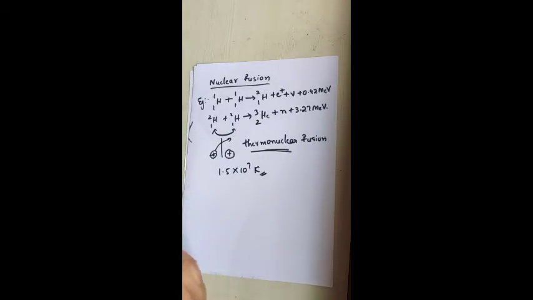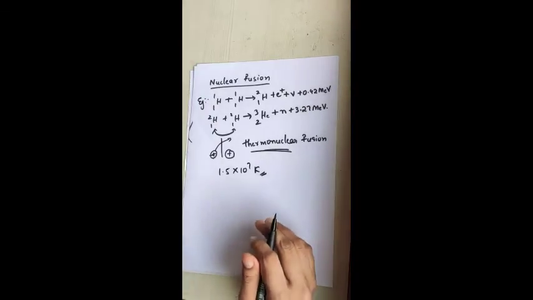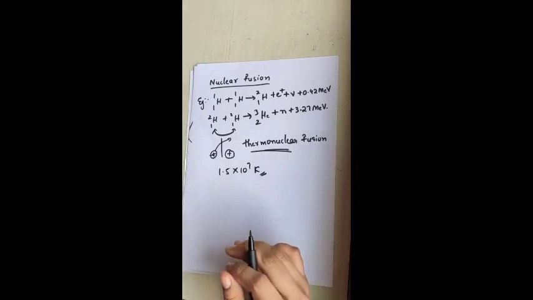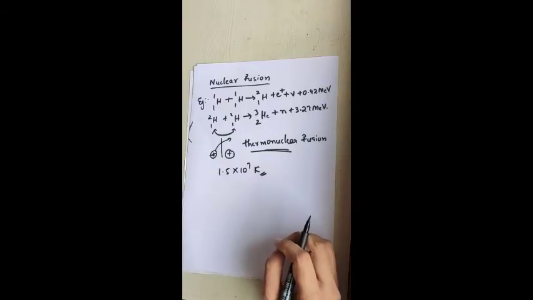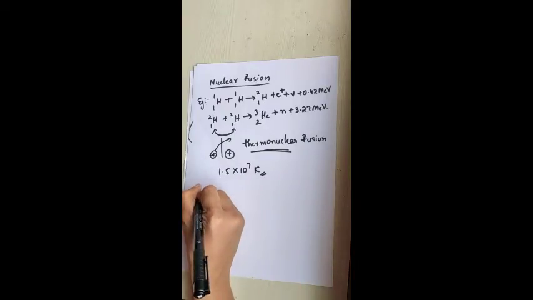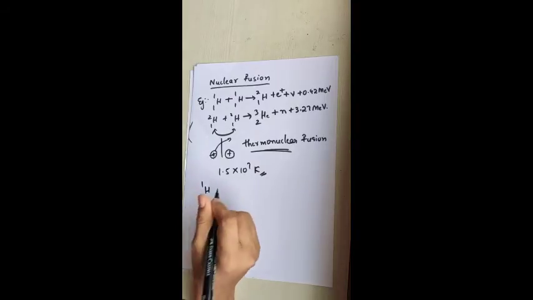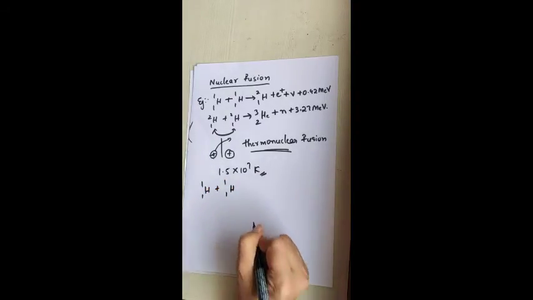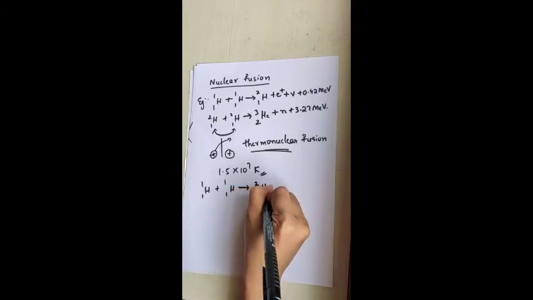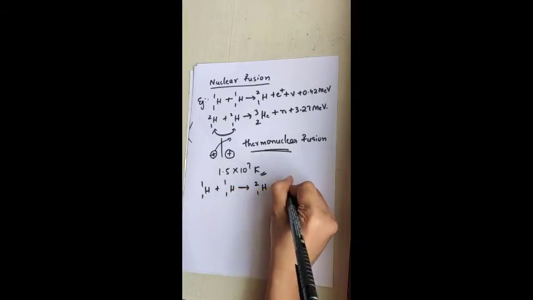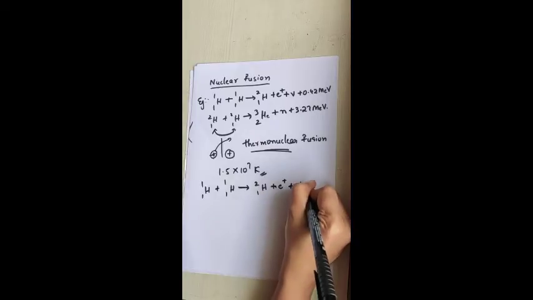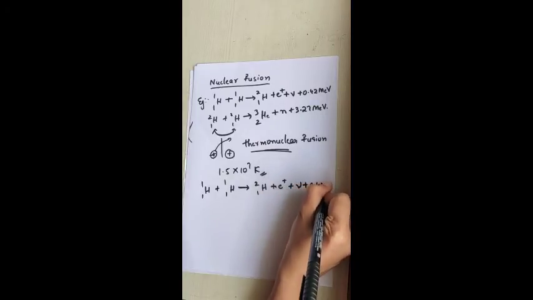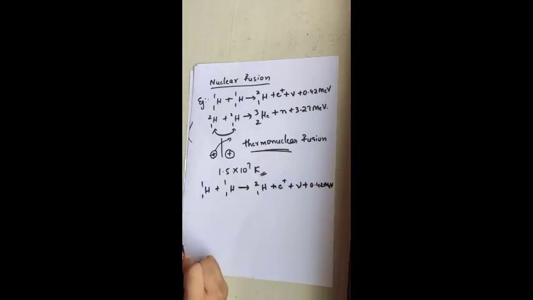So slowly the conversion of the lighter nuclei to heavier nuclei takes place from the core of the sun. The core of the sun consists of what? The lighter nuclei. Which one is it? Hydrogen. So hydrogen combines with another nuclei of hydrogen and you get here 2H1 plus a positron plus a neutrino plus 0.42 mega electron volt of energy.